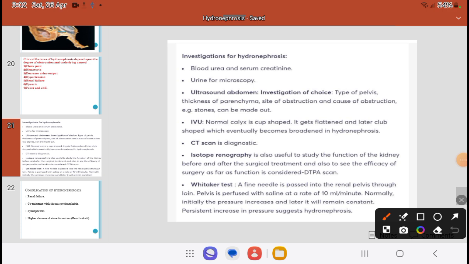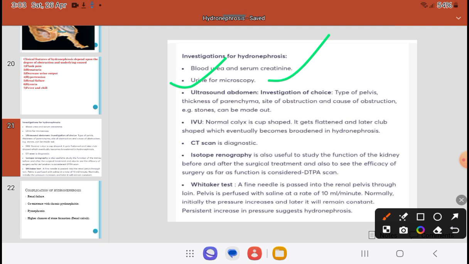Suppose a patient with hydronephrosis is brought to your hospital or clinic, then what investigations can be done? First is blood urea and serum creatinine estimation, and next is urine microscopy. These are the first two tests we can do: blood urea and serum creatinine level estimations and urine microscopy.